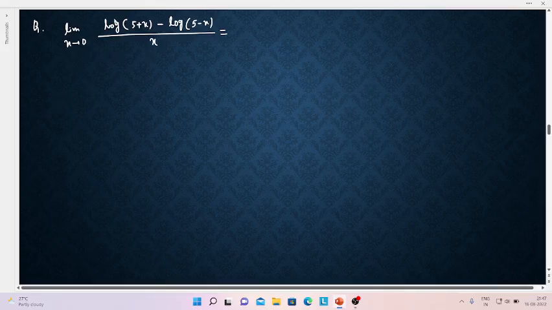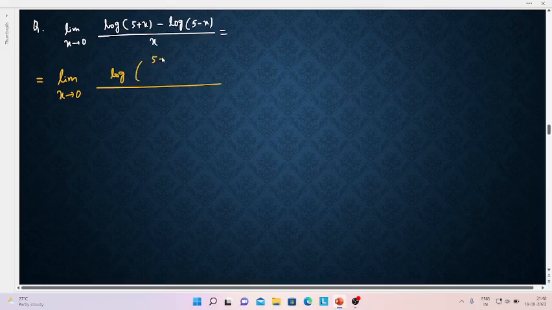So first of all, here you can see that on the numerator we have a log a minus log b type of form. We know log a minus log b can be written as log(a by b). So we can write that as the limit x tending to 0, where the numerator can be written as log of (5 + x) upon (5 - x), and the denominator will be x only.